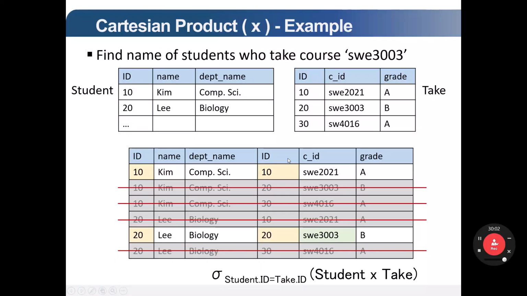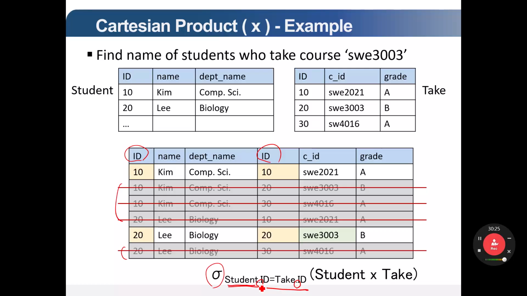So to eliminate these unmatching records, we put this sigma symbol with a predicate. Currently, we have two attributes with the same names. This is confusing. To avoid this confusion, in relational algebra, we are allowed to use the dot operator.